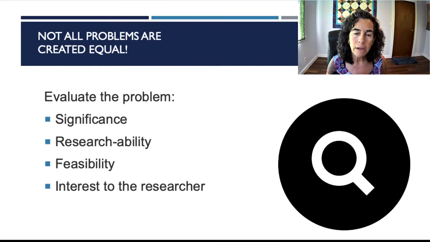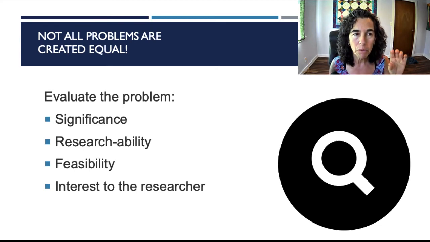Now, there's a kind of a misconception that comes up in this class over and over. So I'll introduce it to you right now, which is you're writing the literature review, but think of yourself as a researcher who could actually be researching this problem. You are not doing a research study this semester, nor will you ever, during the course of your education, do a research study on this topic.